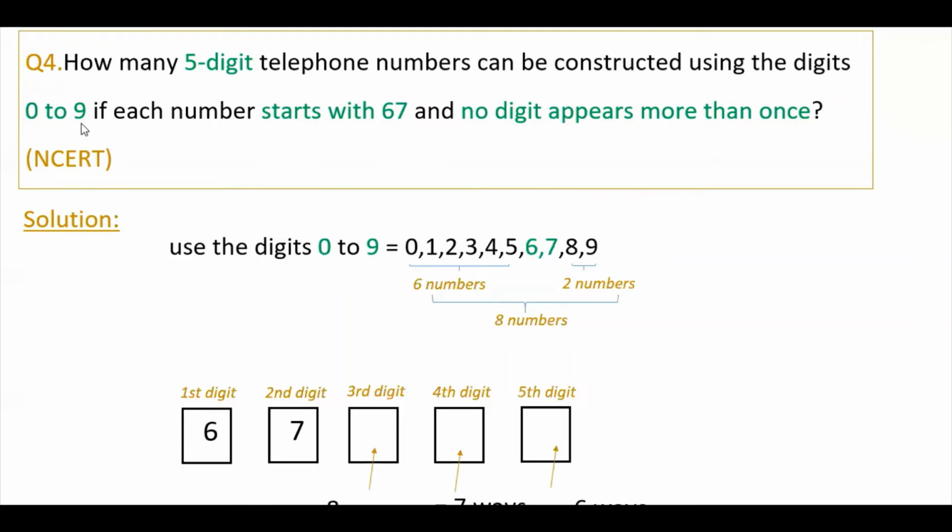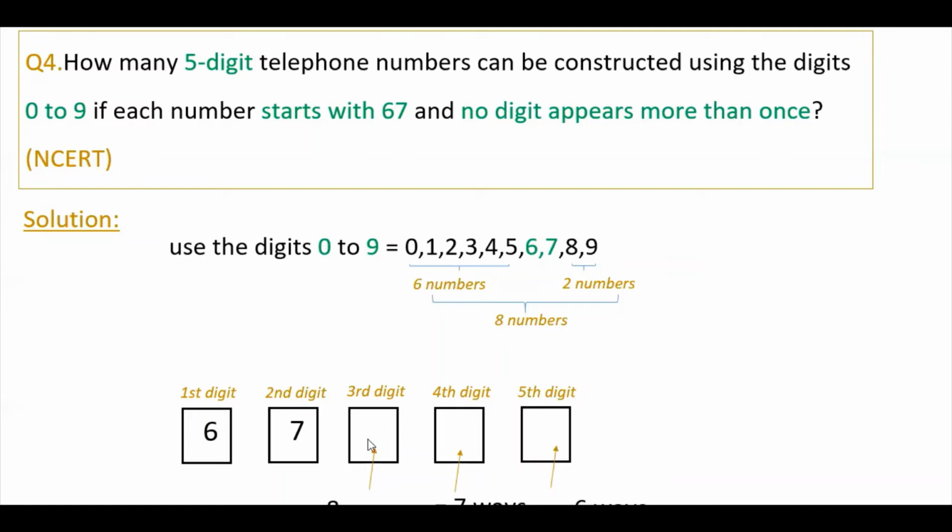This is the second condition. And the third one is starts with 67. So every number should start with 67 only. Every 5-digit number starts with 67 only and no digit appears more than once.